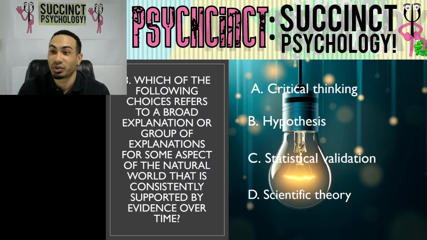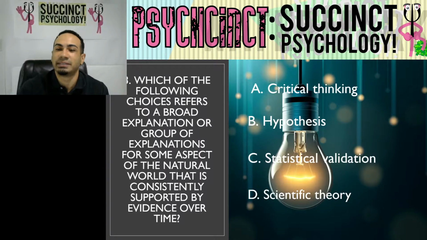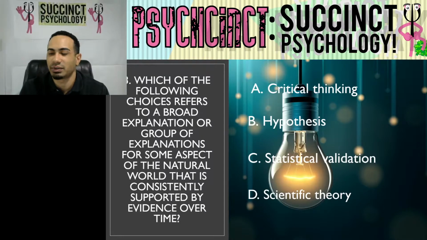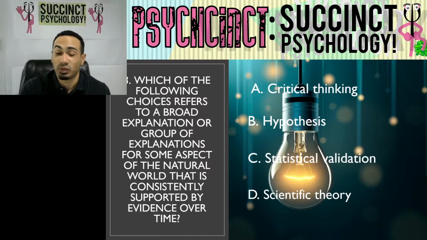You are using a little bit of critical thinking right now, but it's probably not that either. So let's see, we're thinking of a group of explanations or a broad explanation for some aspect of the natural world. Does that sound like a statistical validation? Not so much. So if you chose D, scientific theory, you chose right.